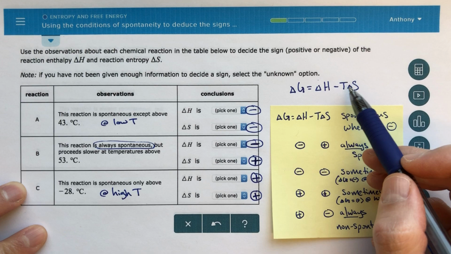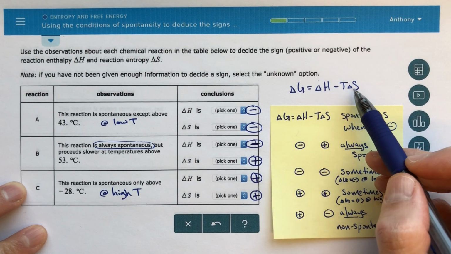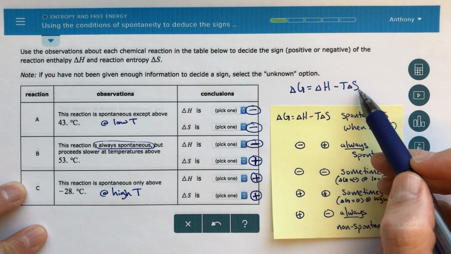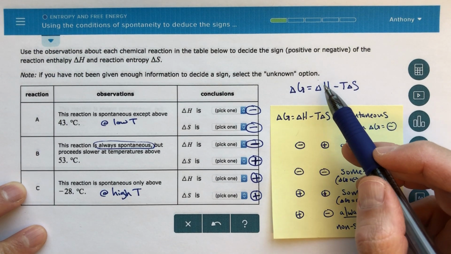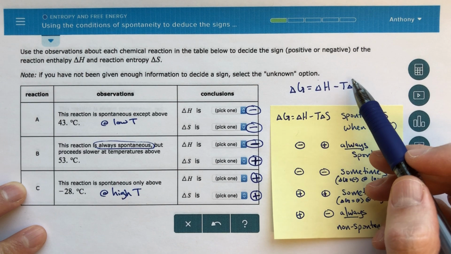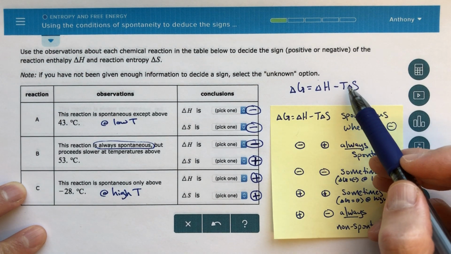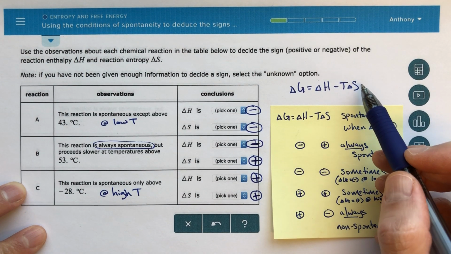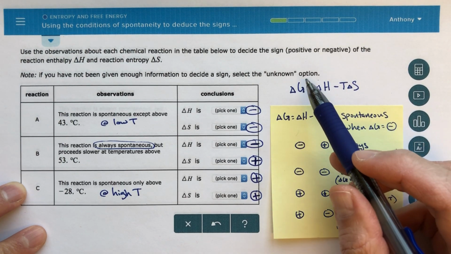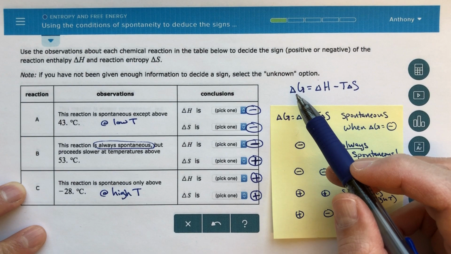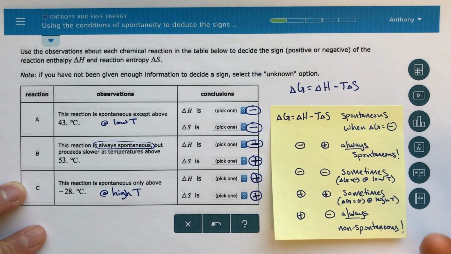The bigger that gets, since I'm subtracting it from my delta H, the more spontaneous the reaction is going to be. So even though I've got an endothermic reaction, that reaction can be spontaneous if my entropy change is positive. This term will overwhelm the fact that I've got an endothermic reaction, and overall I can still get a negative delta G, and that reaction can be spontaneous. So this is how we do it.